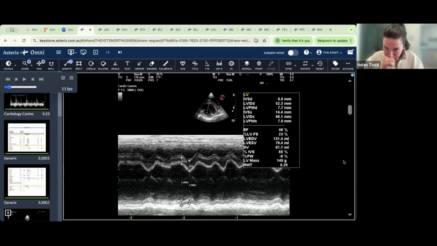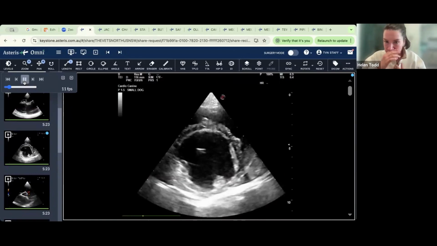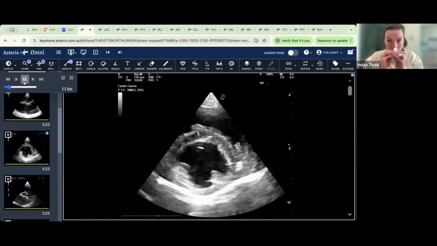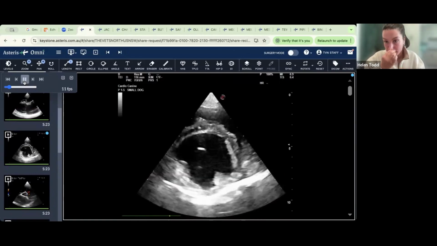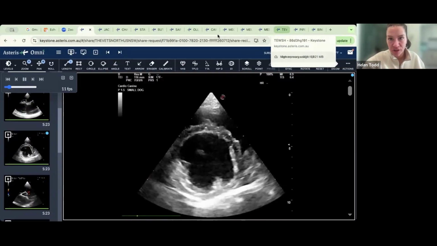Okay, perfect. So in this view, again, we're subjectively looking at our left ventricle. There are a few things that I think are interesting that can change this view quite significantly.